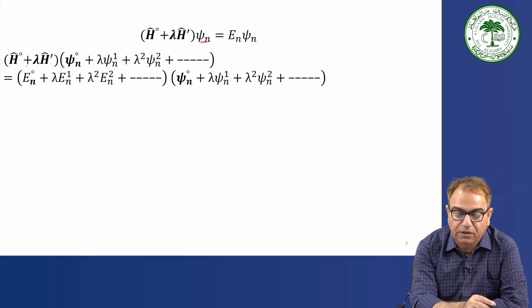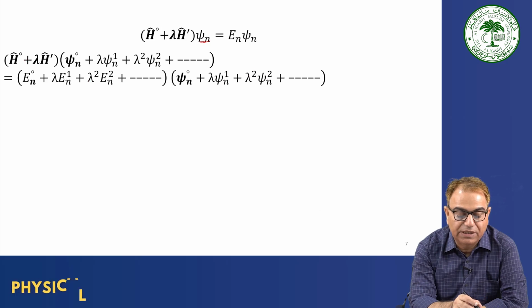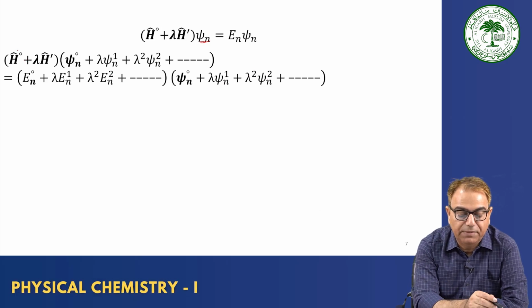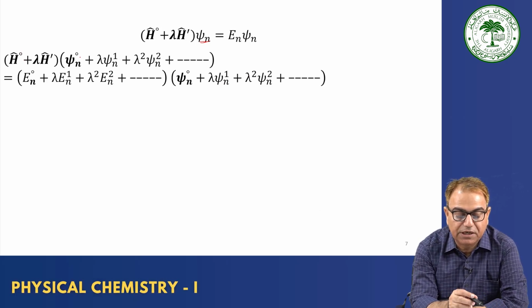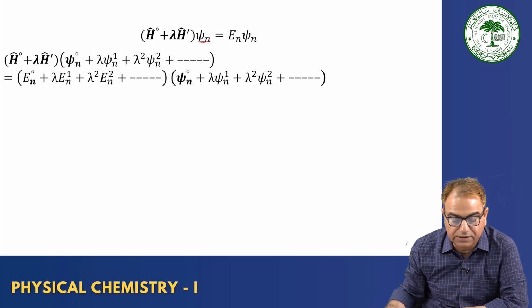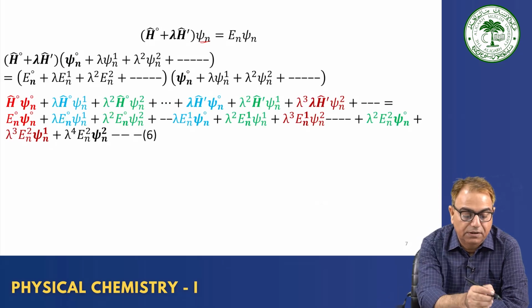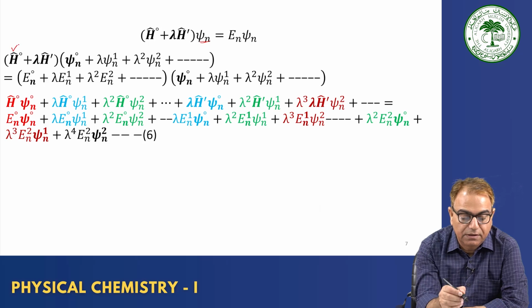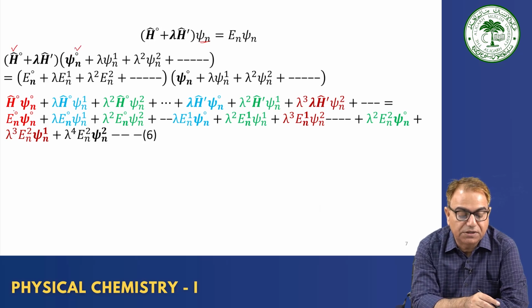So what will you do? You will multiply. On the LHS you have two terms, and on the RHS you have two terms. So you multiply H naught with this term, and you write the equation like this. Multiplying gives you the first term, H naught psi n naught, which is known to you, is equal to En naught psi n naught, remember.